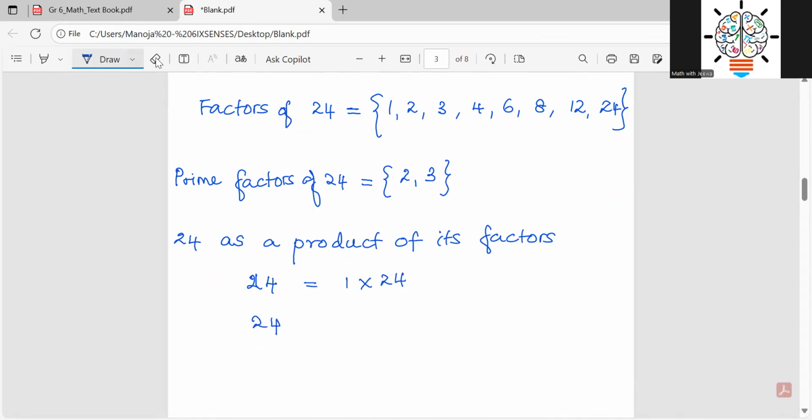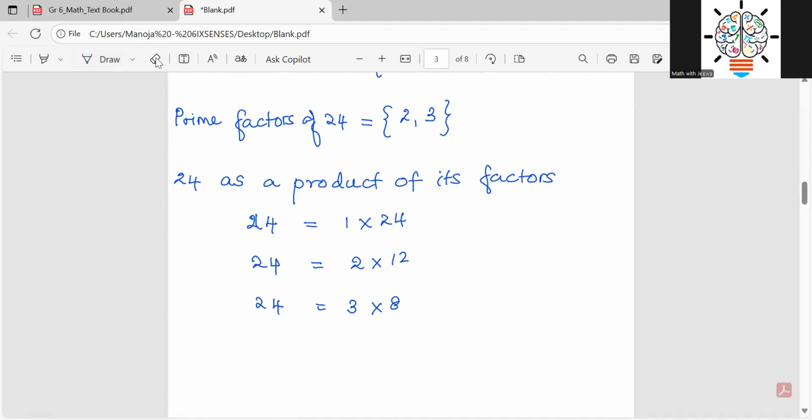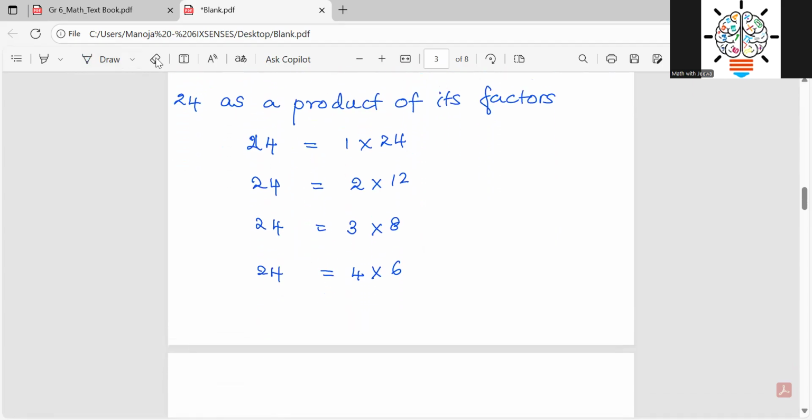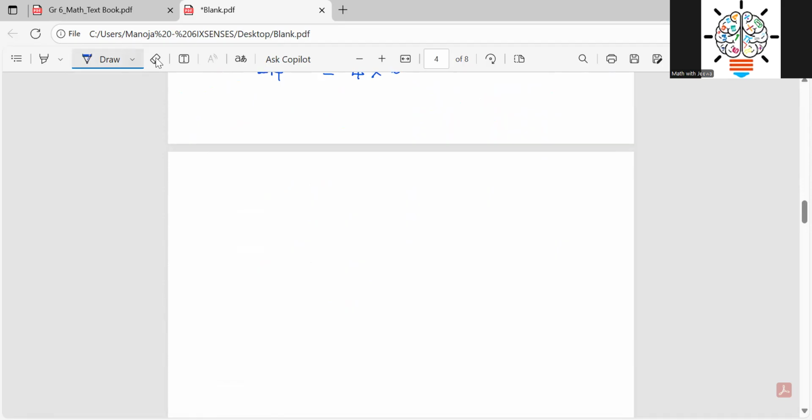Another child might write 2 times 12. Then the next child will write 3 times 8. And then the next will write 24 as 4 times 6. Right?